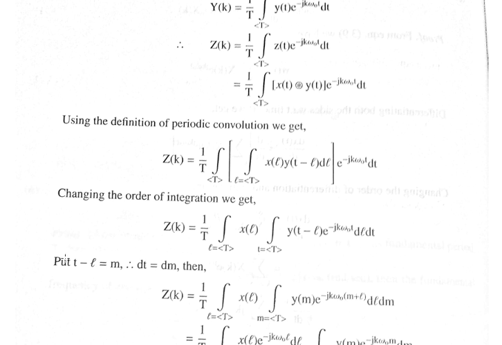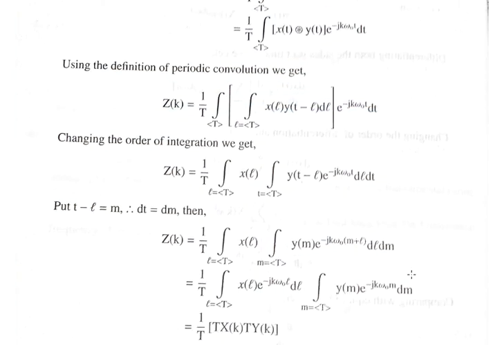What is this t? It is nothing but m plus L. Let's do that, and we know this has given dl and this is given dt, but by this integration, what is dt? dt is equal to dm. And now we can go for solving this.